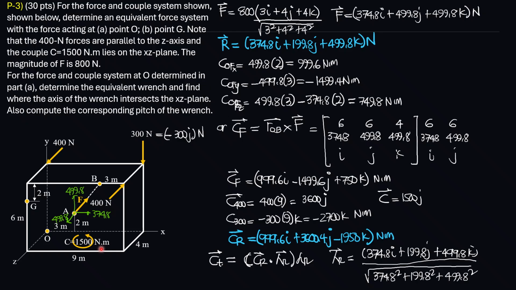This one, and I will explain that later. The equivalent of the couple 400 Newton. How we express that in vector form.